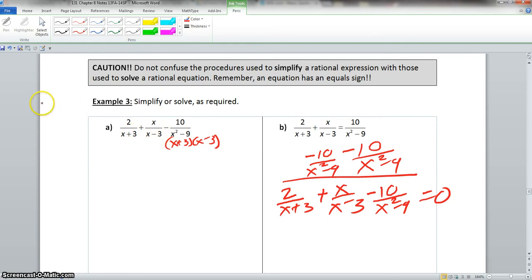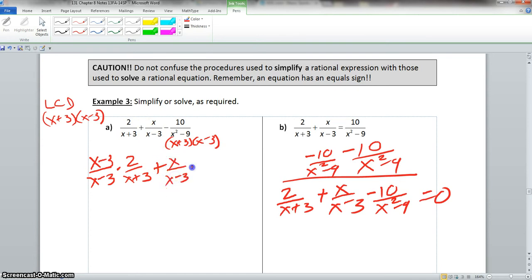The least common denominator is x plus 3 times x minus 3. Looking at x plus 3, we're missing x minus 3, so we'll multiply that numerator and denominator by x minus 3. And with this x minus 3, we're missing the x plus 3, so we'll multiply the numerator and denominator by x plus 3.